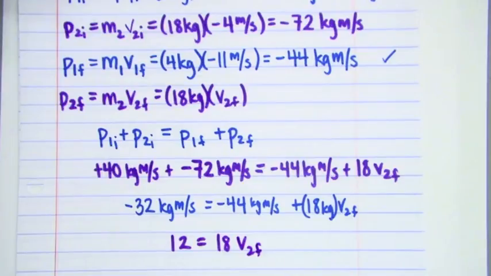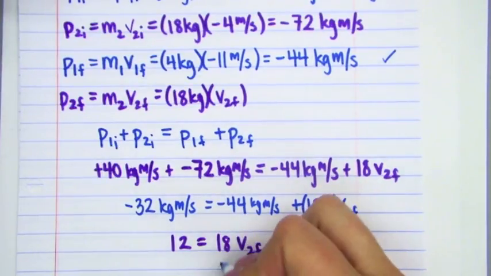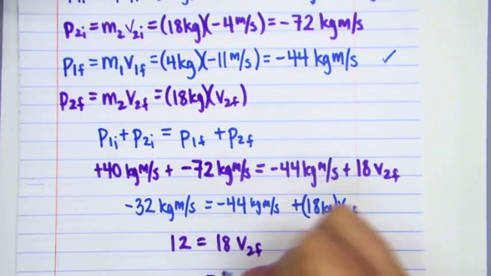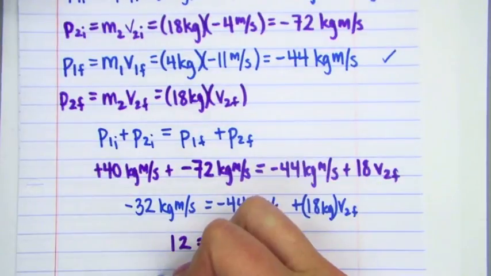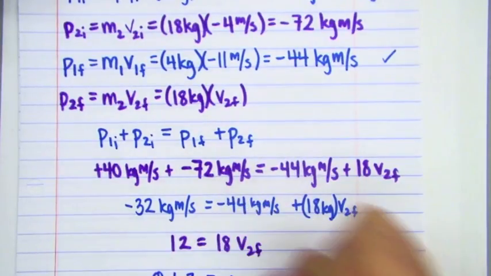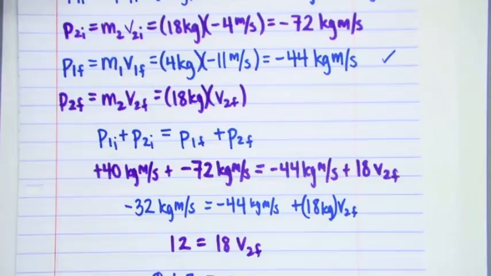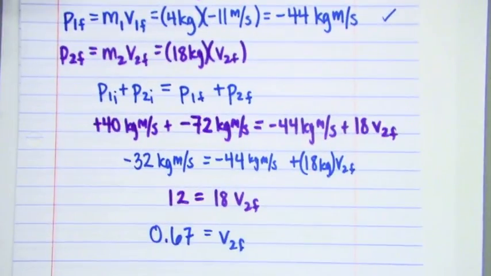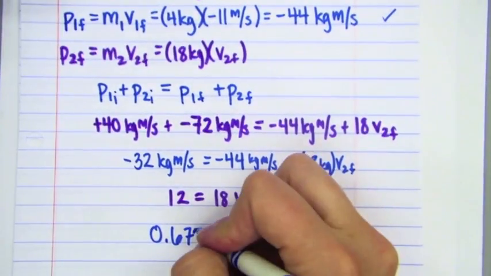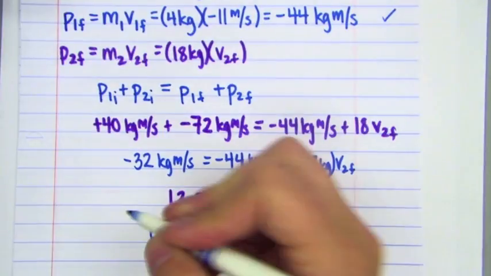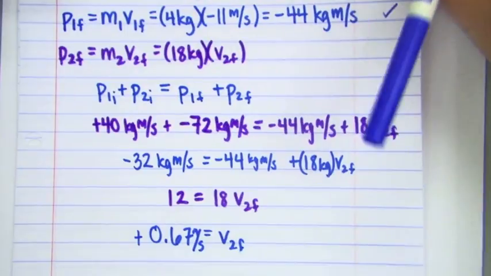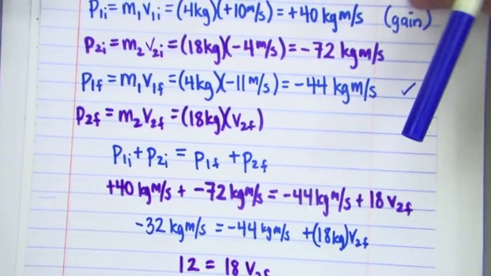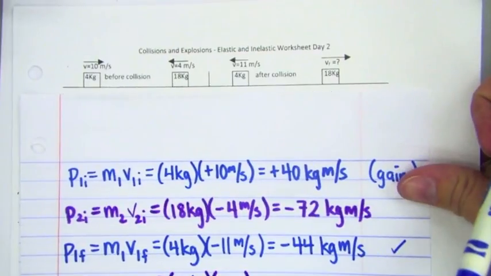And then divide. We're going to round in this case so we can have 2 digits. And we should get a positive number. If we look back at our original picture, our object is going to the right, so that is good.